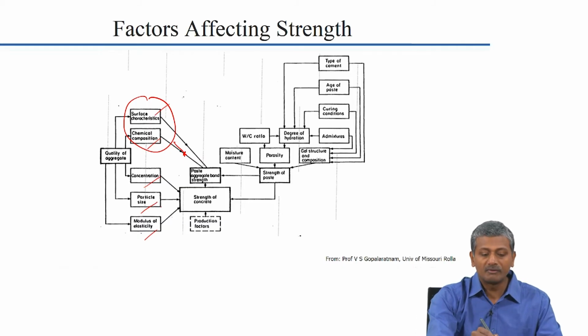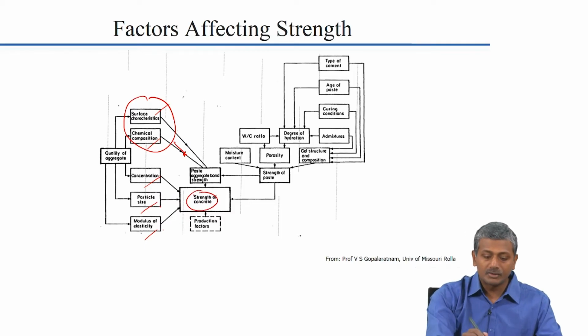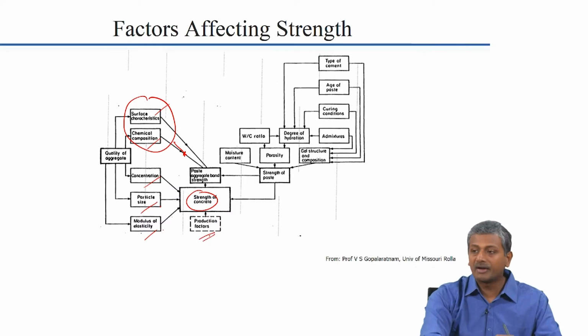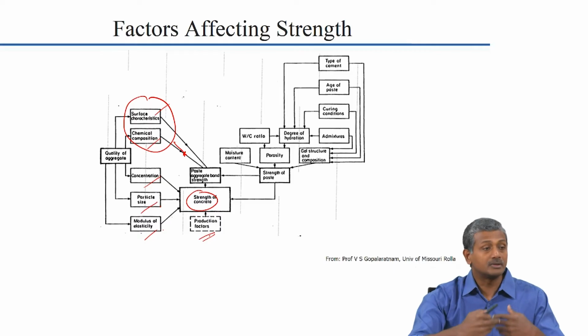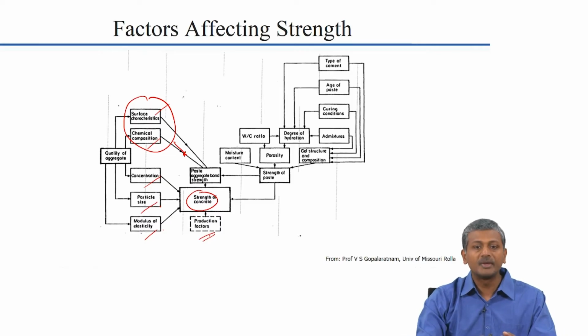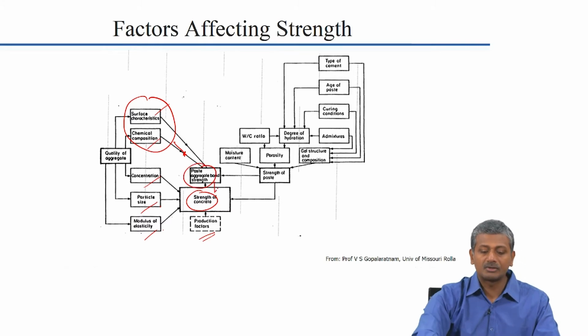The amount of aggregate, the particle size and the modulus can have a direct influence on the strength of the concrete. And of course, these are also affected by the factors involved during the production of the concrete, like for example, the compaction that you can give to the system, the degree of packing that you can get from the concrete and so on. And the paste-aggregate bond again has a direct effect on the strength of the concrete.